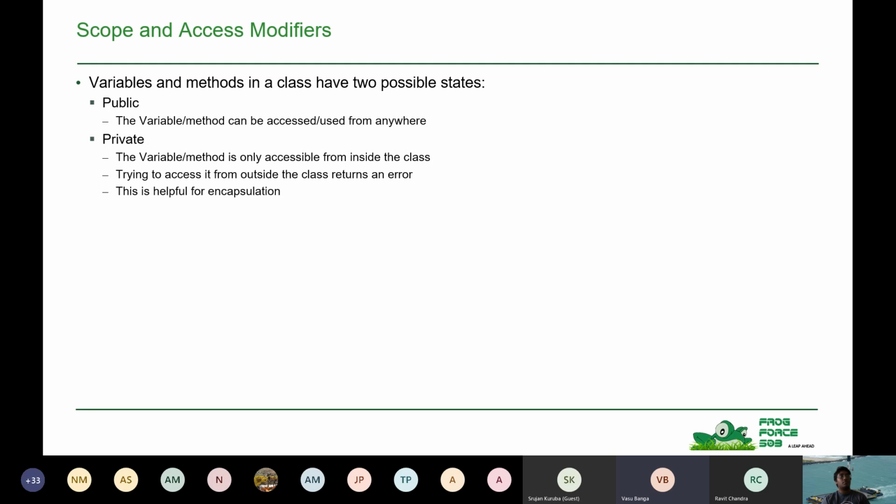What that means is that those methods and variables can be accessed and used from anywhere in general. Private can only be accessed inside that one class, and trying to access it from the outside will return an error. It's helpful for encapsulation, which we'll get into in a little bit.